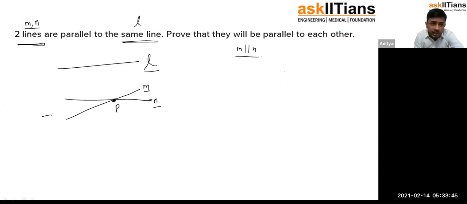It is already given M is parallel to L and N is also parallel to L. Now look, by Playfair's axiom, we can say that there will be a unique line which will pass through P and parallel to line L. Unique line means exactly one line. So this means M and N are coincident lines. They represent the same line.